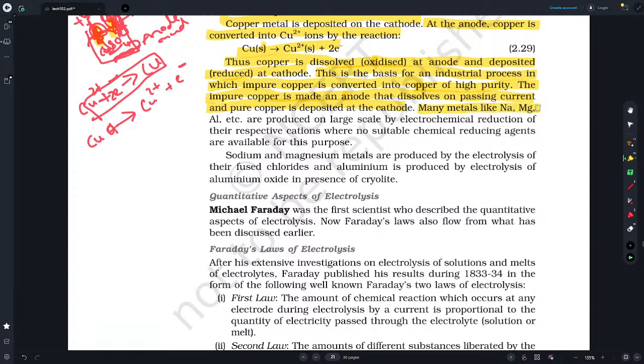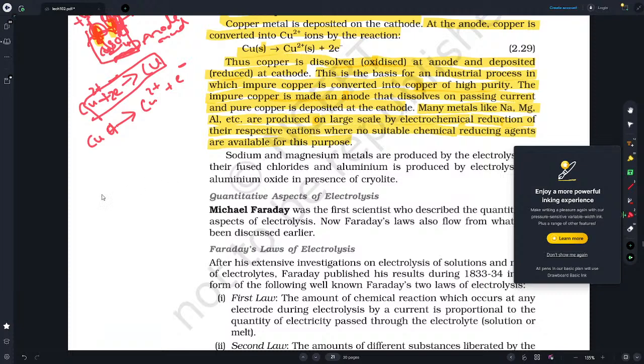Many metals like sodium, magnesium, aluminum, etc. are produced on a large scale by electrochemical reaction of their respective cations, where no suitable chemical reducing agents are available for this purpose.